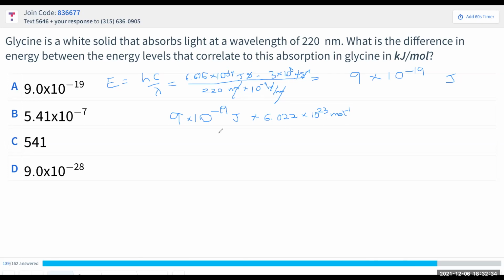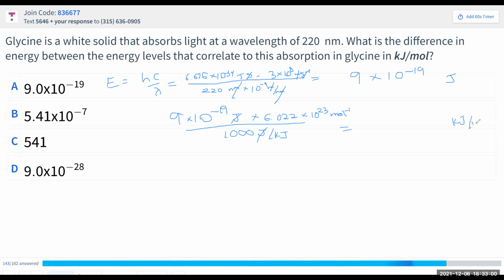This will give you joules per mole, but they're asking in kilojoules per mole. So you divide this by 1000, because that's how many joules you have in a kilojoule.